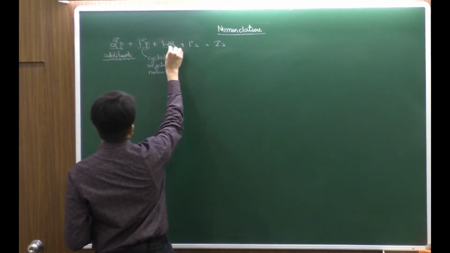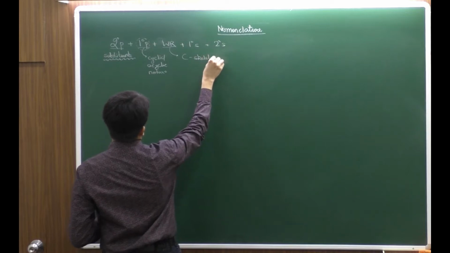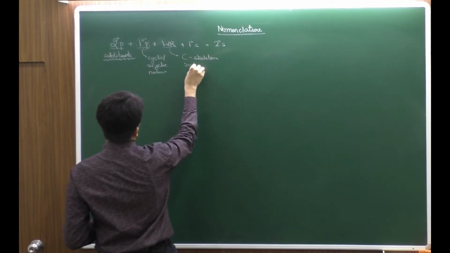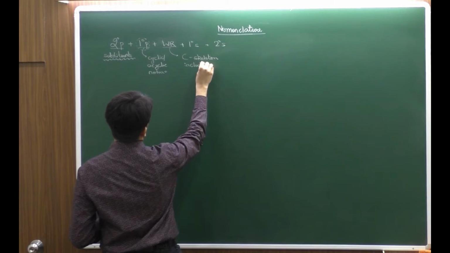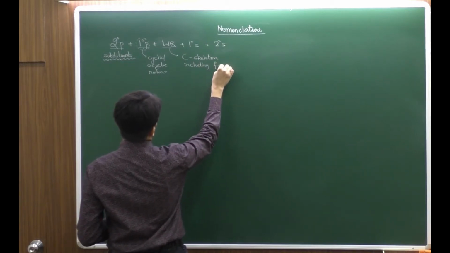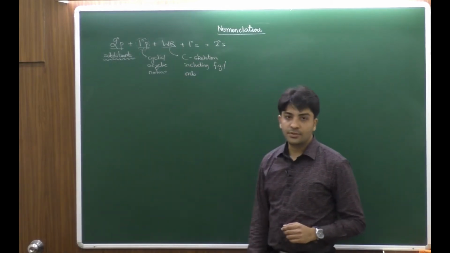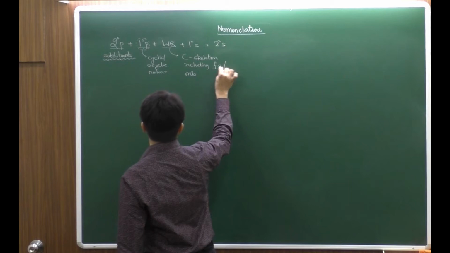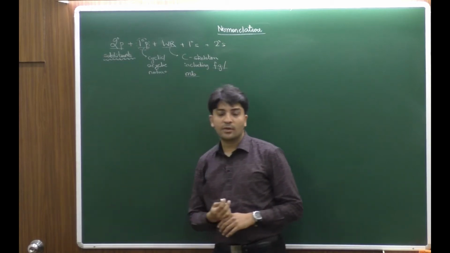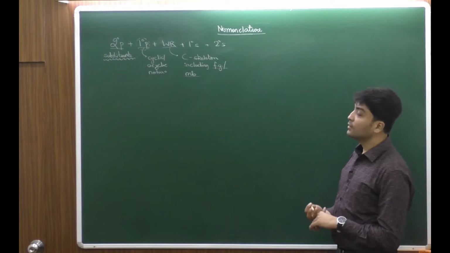Word root indicates the carbon skeleton, including the main functional group, or instead of the functional group we can have a multiple bond. MB indicates the multiple bonds if present, because if it's a normal hydrocarbon like an alkane, then it would not have a functional group or a multiple bond.